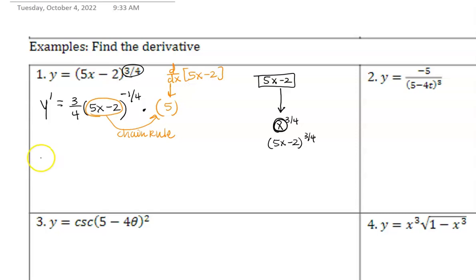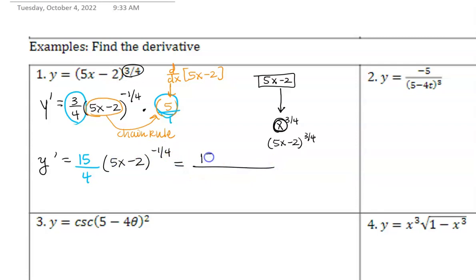And now I will simplify this derivative. I'm going to combine the 3/4 and the 5, which is 5 over 1. Multiply straight across the top to get 15 from 3 times 5. Multiply straight across the bottom to get 4 from 4 times 1. We still have this 5x minus 2 raised to the negative 1/4, which I'm going to rewrite so I do not see that negative exponent by sending it to the denominator with the 4.